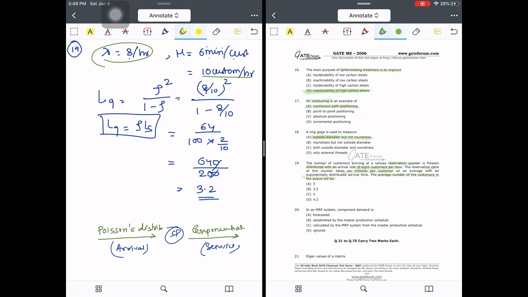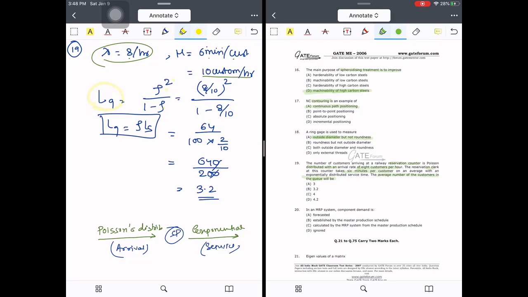System means all the people who are waiting, along with the one who is actually being served. If there are n stations, then n people are being served plus the queue at that point of time. Here they have asked about the queue, that means only the people who are waiting.